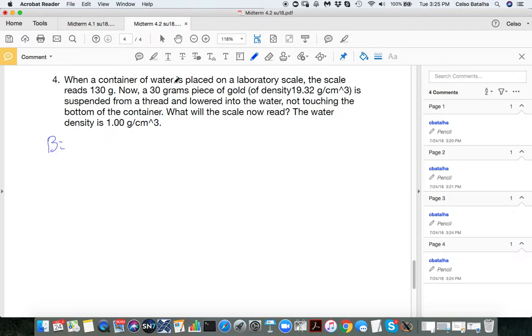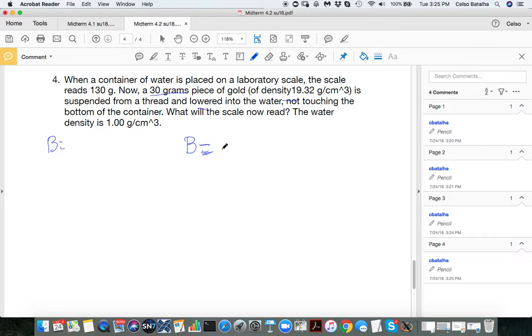So, but how do you do that? So we have 30 grams of gold, and we want to know what the scale is going to read. So the scale is going to read the buoyant force divided by g, because the scale in this case is reading mass. So what's the definition of a buoyant force? This is important for the final exam. It's one of those things you guys have to know.